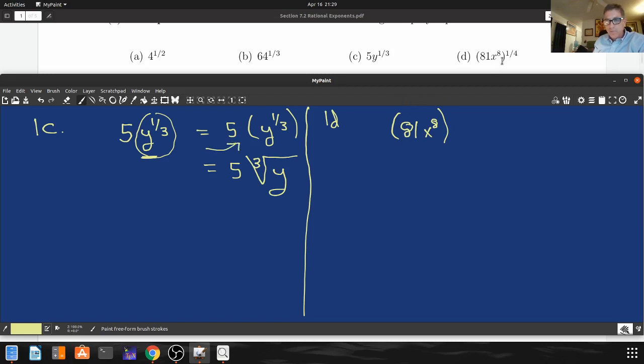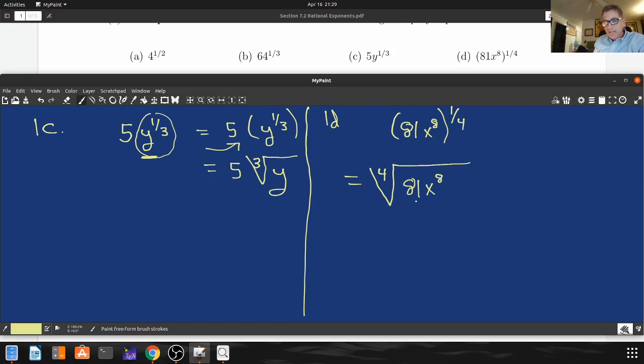But here, my base is 81 times x to the 8th, and that's raised to the 1/4 power. So that's the 4th root of 81 times x to the 8th.